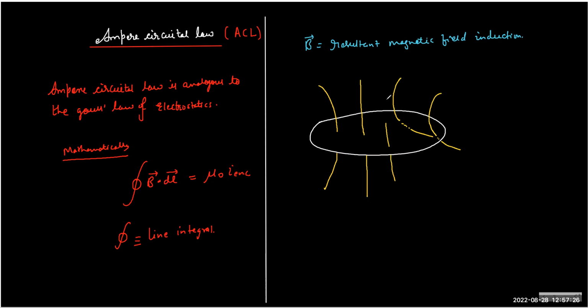So you can see there are many currents coming from one side and going to the other side. Now these circuits are not shown completely, just the part which is intercepting this loop I have shown here. And every wire might be carrying some current, so it's called I1.